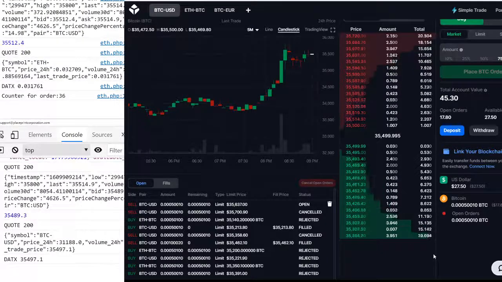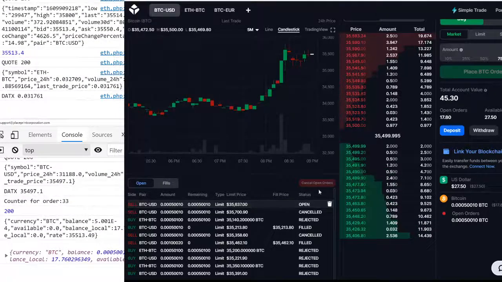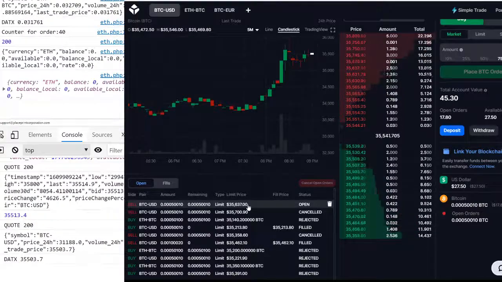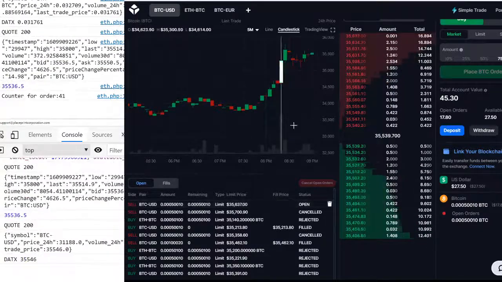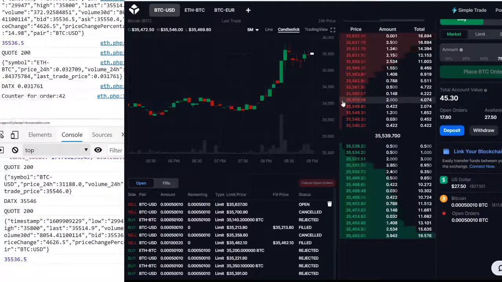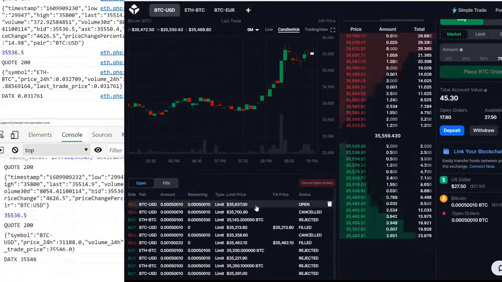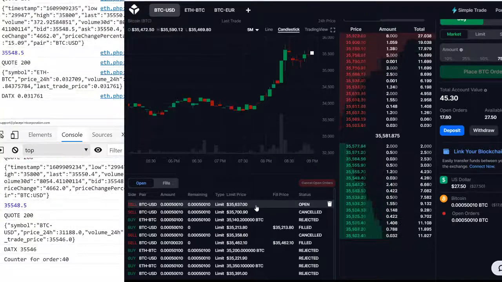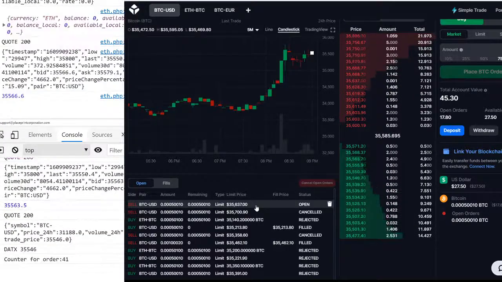I'm sorry, guys. Okay, so we have an open order to sell at 35,673. The bid's now 35,523. So if the bid can get above 35,673, then we will get filled. But if this doesn't get filled after a certain amount of time, it'll get canceled. Then we put this sell order at a new price, and we still have an available balance.